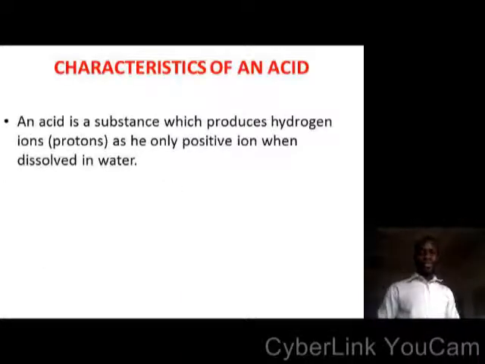Let's continue. Characteristics of acid. What are characteristics of acid? Number one, an acid is a substance which produces hydrogen ion as the only positive ion when it is dissolved in water.